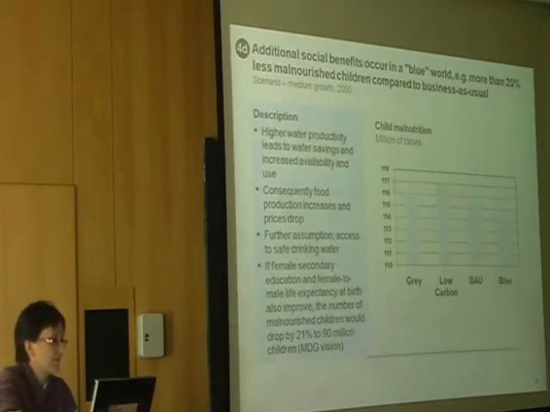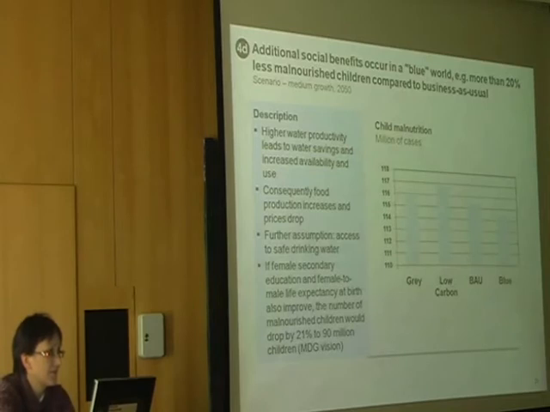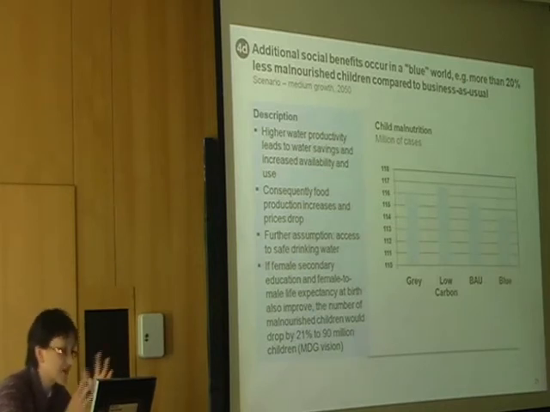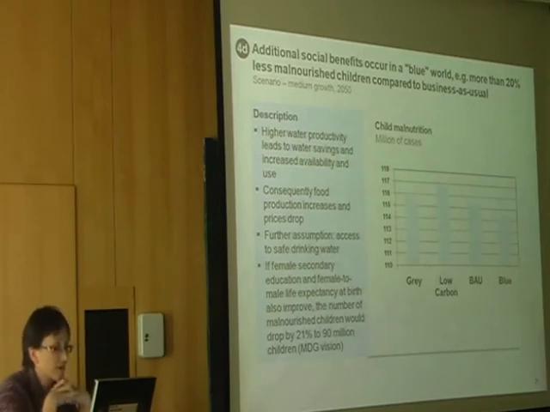We've also tried to look at the impact on the number of malnourished children. This is basically how the food changes and calorie availability affect childhood malnutrition, and we have increased the access to safe water just under the blue scenario, because this is a scenario that improves efficiency but also moves towards the MDG goals.